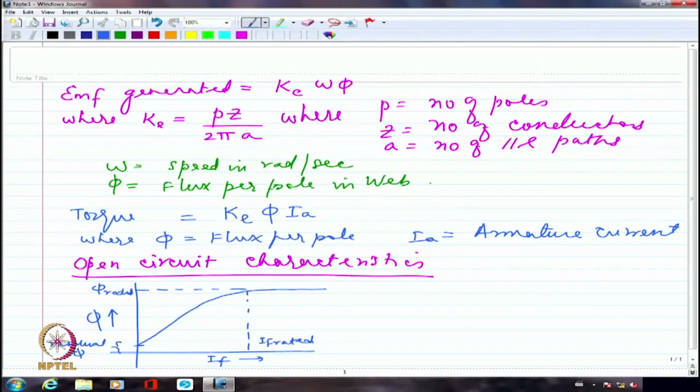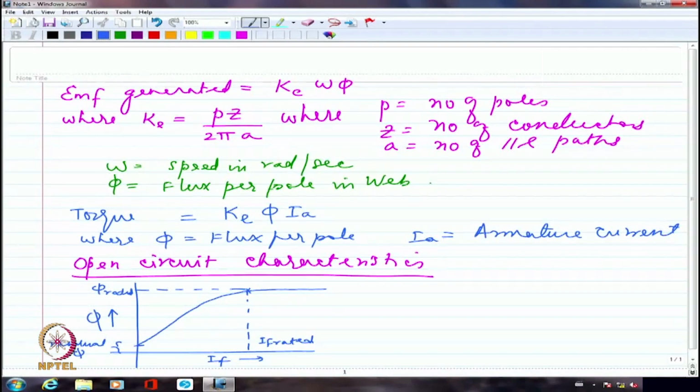So how will we define this IF rated? Generally we tend to operate very close to saturation. Before it reaches completely the saturation point, we operate at a point which is known as the knee point of operation.